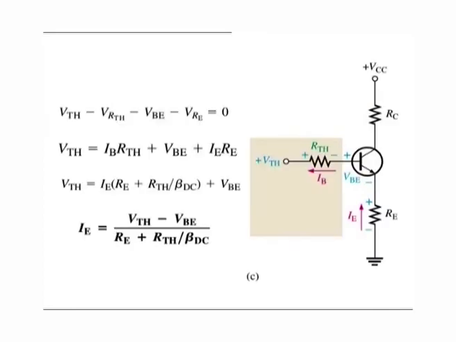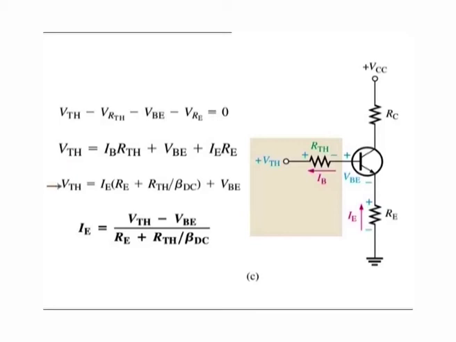Applying Kirchhoff's voltage law around the equivalent base emitter loop gives Vth minus Vrth minus Vbe minus Vre equal to 0. Substituting using Ohm's law and solving for Vth, Vth is equal to Ib into Rth plus Vbe plus IeRe.